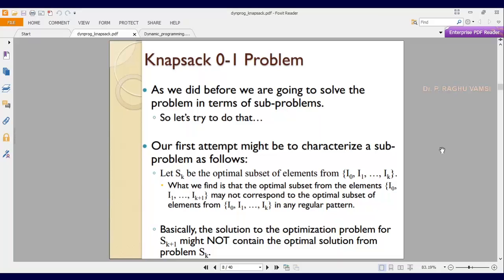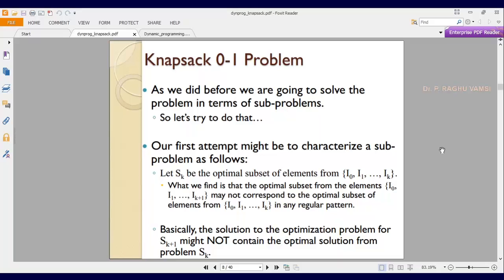Like how we considered the optimal path in the all pair shortest path, in the same way we are going to consider it in this case also. So our first attempt might be to characterize the subproblems as follows. Let Sk be the optimal subset of the elements from I0, I1, and so on up to Ik.